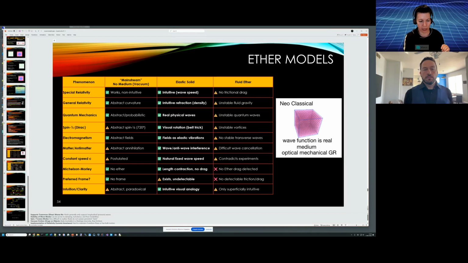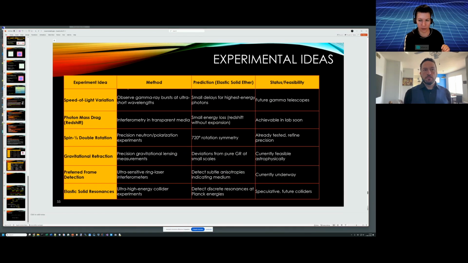Then the other one I have: you asked about some ideas for experiments. If there's an elastic solid, I hope we should be able to measure some things, because in theory, in any medium, for ultra short wavelengths the speed of the waves depends a little bit on the wavelength.